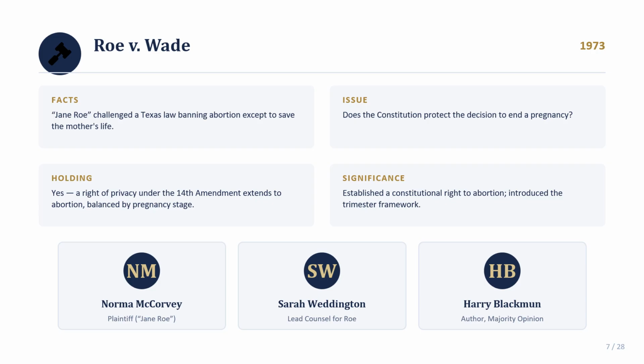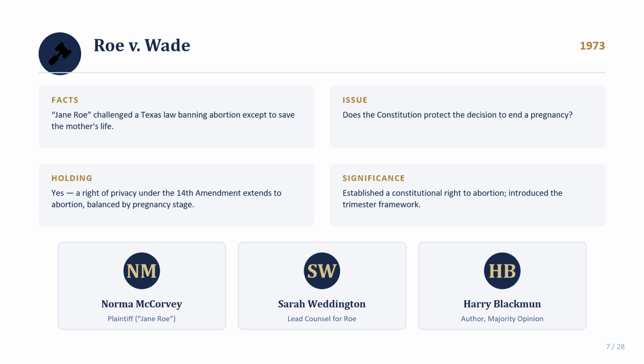Let's be precise now about where in the Constitution this right is located, because the majority grounded the privacy right in the liberty protected by the Due Process Clause of the 14th Amendment, notably not in the Ninth Amendment's reference to the unenumerated rights retained by the people, though some earlier privacy cases had gestured toward the Ninth Amendment as an alternative textual hook.